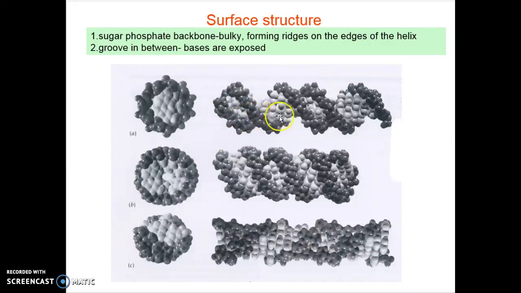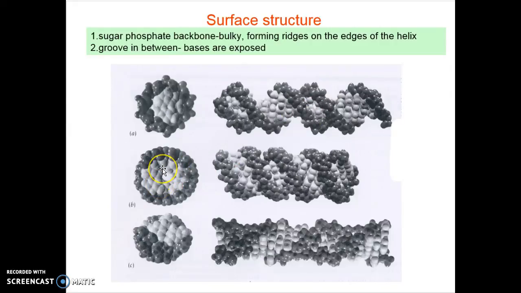Three types of DNA are shown here with top view and side view, each containing 22 nucleotide pairs. The top structure belongs to B form. You can clearly see the major groove and minor groove. The center structure is A form.